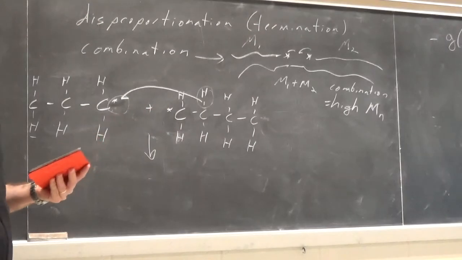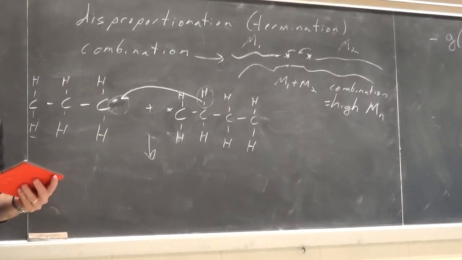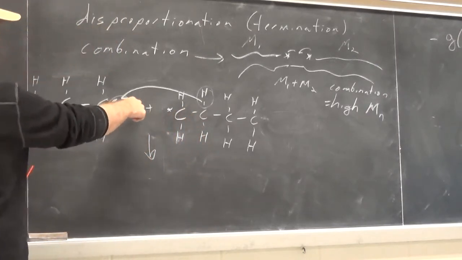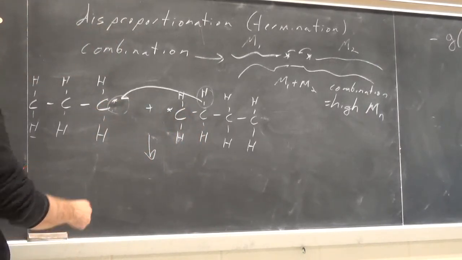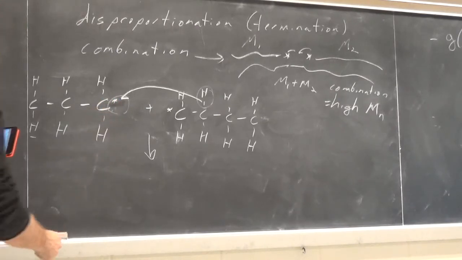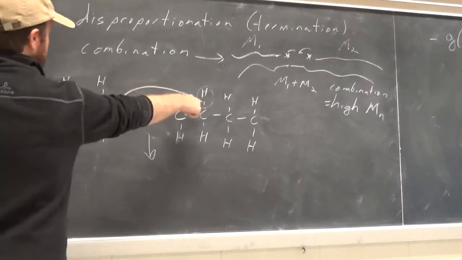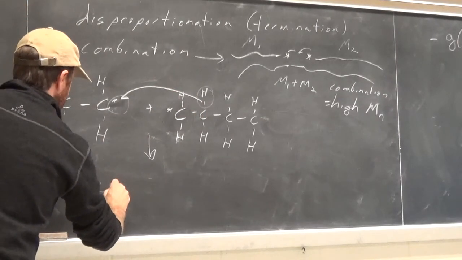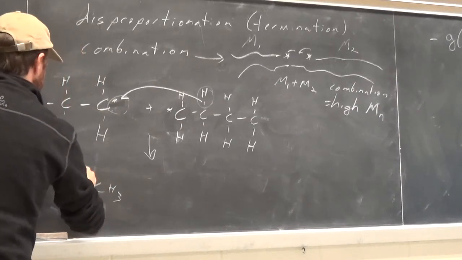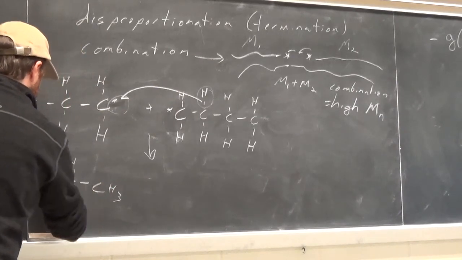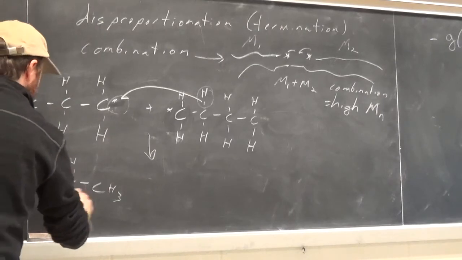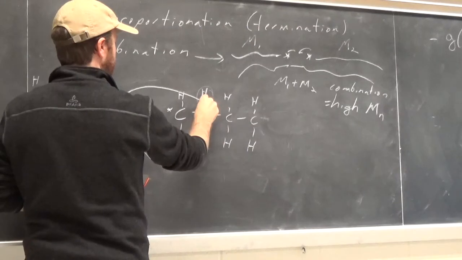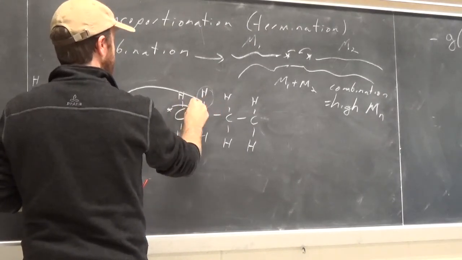And so who said disproportionation was two radicals coming together? Yep. So you're right. And so this is what happens with disproportionation. And so we get something unsaturated. So this is going to steal a proton from here, plus, and then this is going to make unsaturated, right? Because we're going to form a radical here that's going to go there. This is going to come in there.